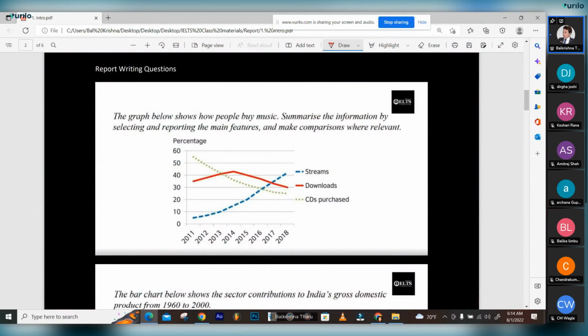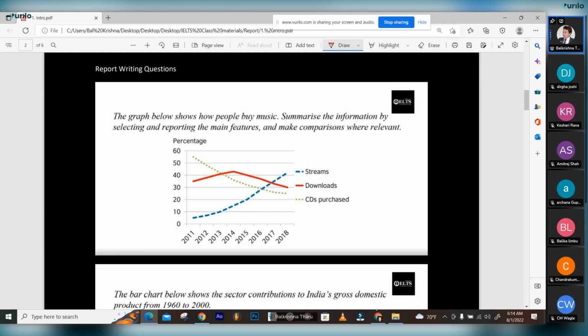Okay, and now let me introduce you to the report writing. The graph below shows how people buy music. Summarize the information by selecting and reporting the main features and make comparisons where relevant.